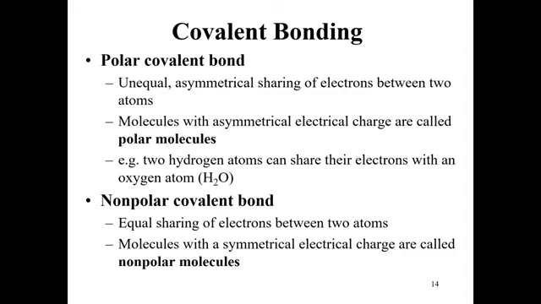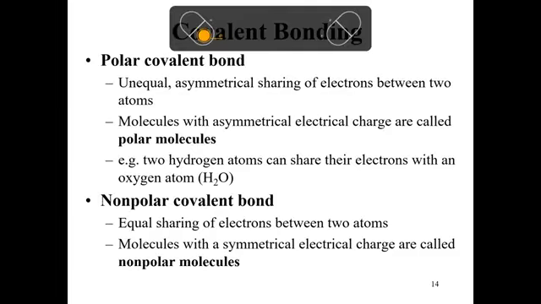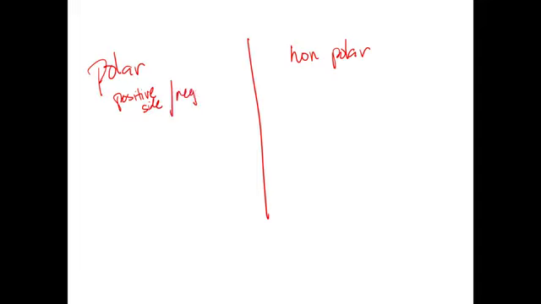Molecules with symmetrical electrical charges are called non-polar molecules. Okay, so let me simplify this from non-polar to polar. Polar has a positive side and a negative side. Hence the term polar.